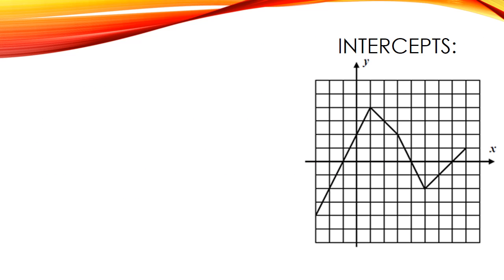Let's talk about the intercepts first. We have 2 kinds of intercepts. We said we have the initial value of a function, which is the y-intercept. This is the first value in the first quadrant where we have positive x and y values.